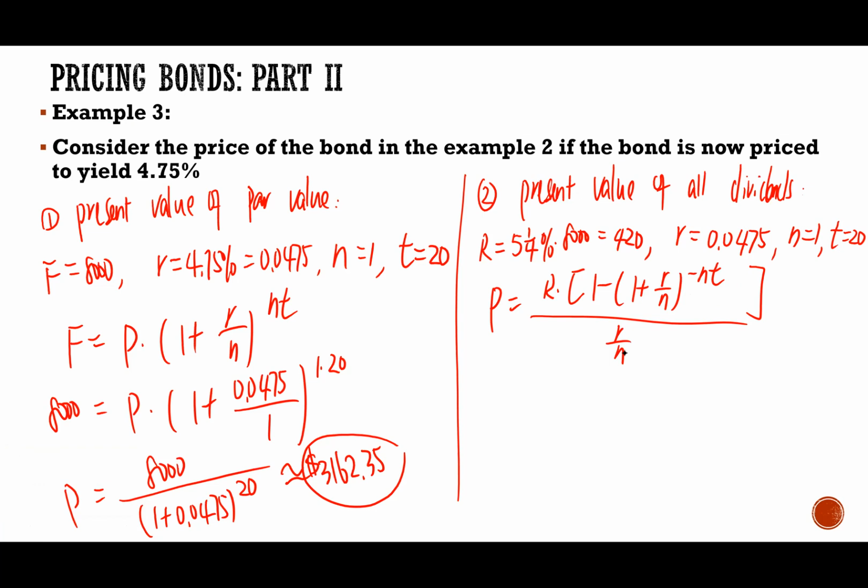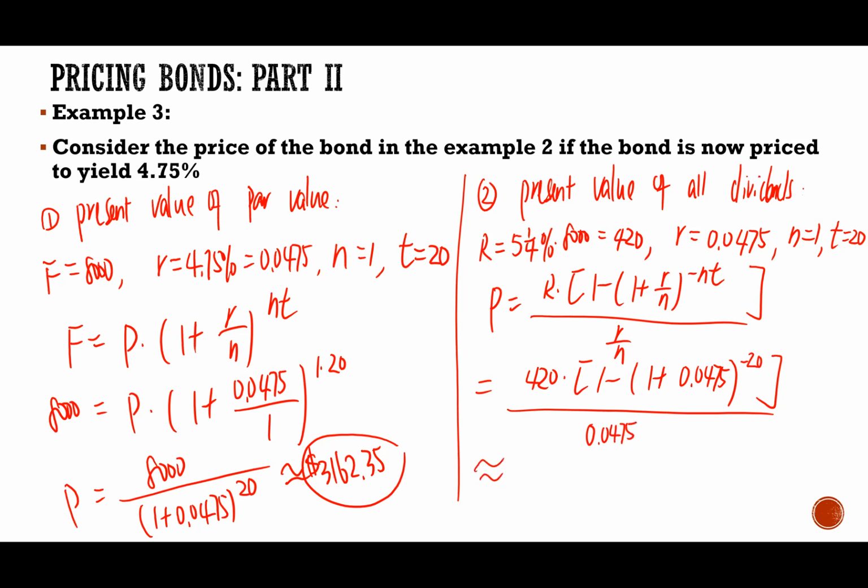So now we just throw in the numbers: 420 times 1 minus 1 plus 0.0475, omit the 1 in the denominator, raise to the negative 20th power, and divide by 0.0475. That should give us the present value of all these dividends.